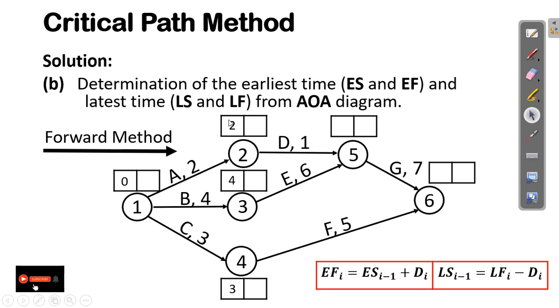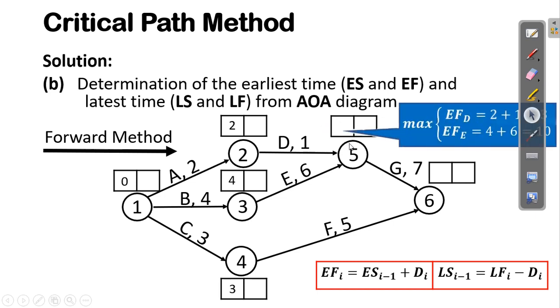The 2 here is the early finish time of activity A, but it is the early start time of activity D. Now let's move to node 5, which is the event after completion of activities D and E. You can see here that the event at node 5 will start after completion of activity D and activity E. So the earliest finish time of these two activities will be the maximum value between the earliest finish time of activity D and the earliest finish time of activity E.